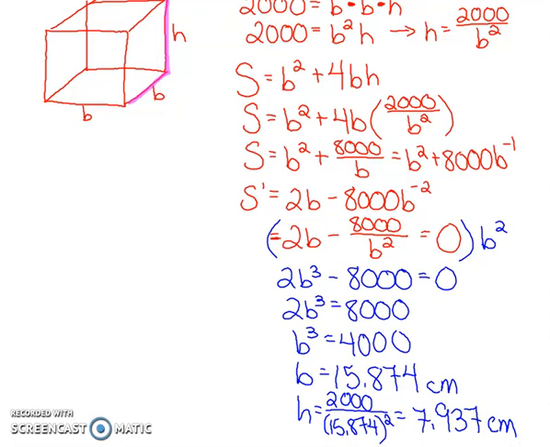And then again, I had multiple answers. I made sure I put units on my answers. And then I'm going to put a box around them so that they're easy to find. So there's a few optimization problems to kind of get your brain working on how these optimization problems are supposed to go.